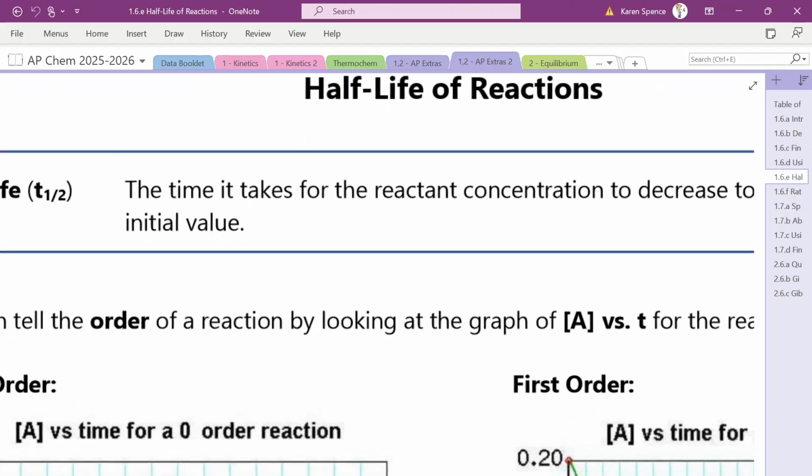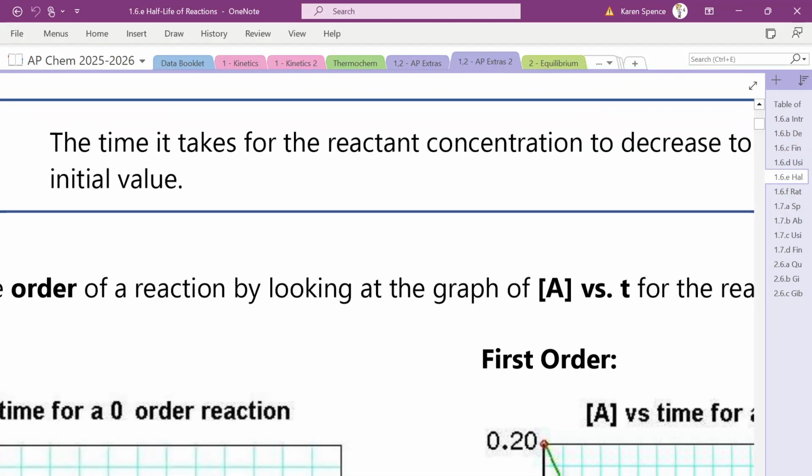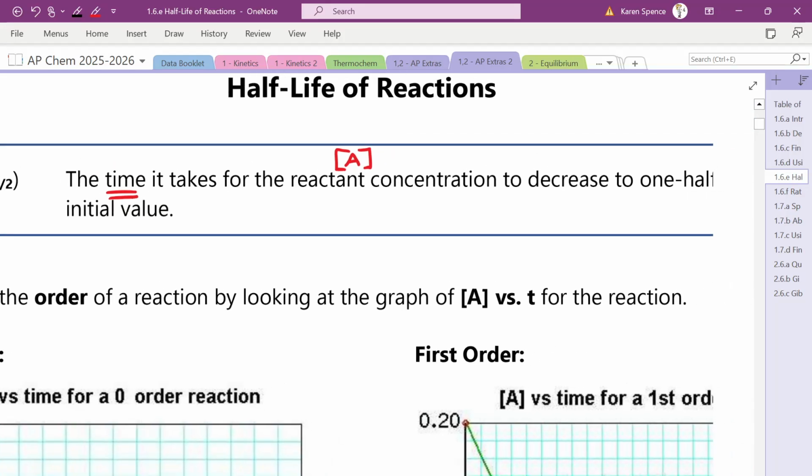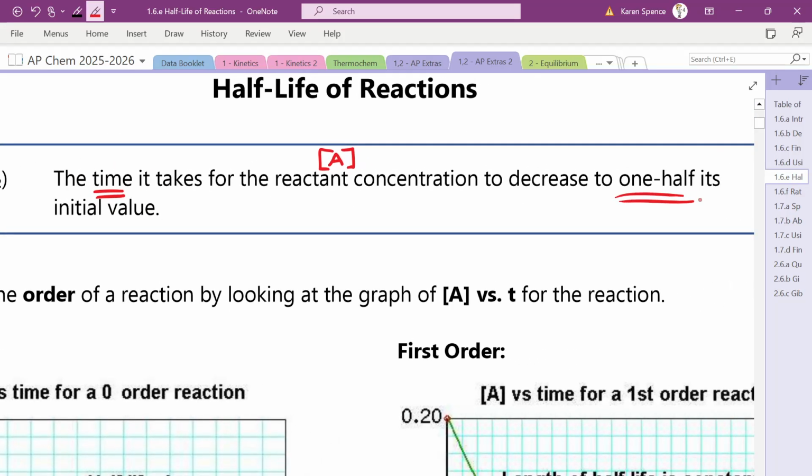It is the time it takes for the reactant concentration to decrease to 1/2. Shockingly, it's the half-life, the time it takes for it to decrease to 1/2 of its initial value, or to 1/2 of whatever time you started at.